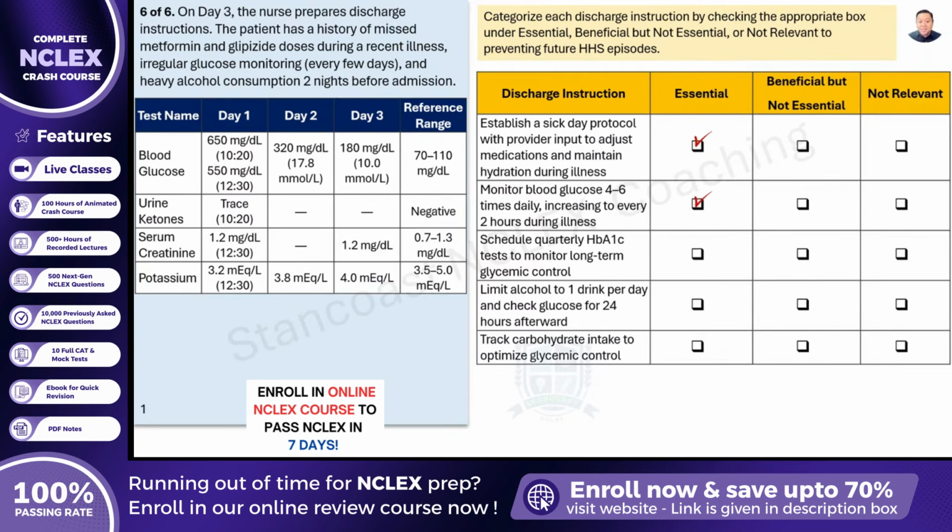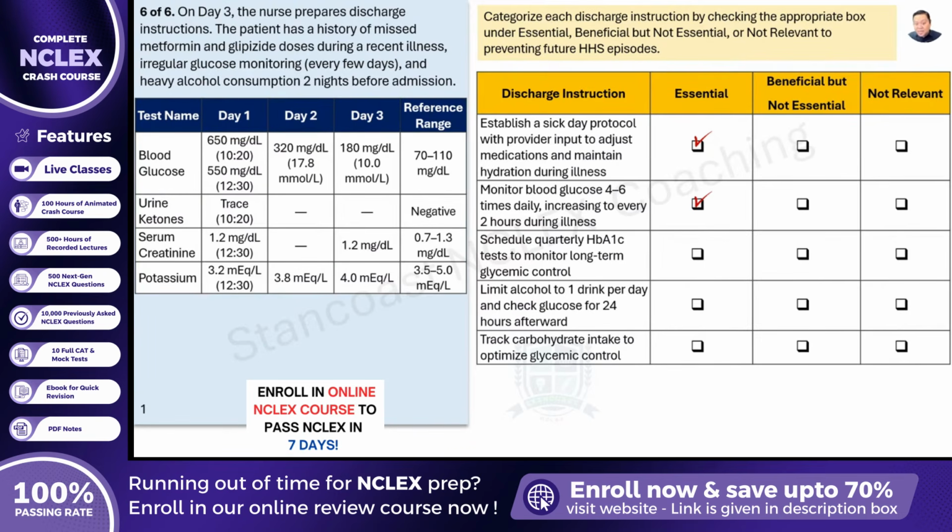And during illness, the blood sugar can change very quickly, so they need to catch even a spike early on to prevent issues like HHS. When they check their blood sugar 4 to 6 times a day, this is going to give a good day-to-day picture.